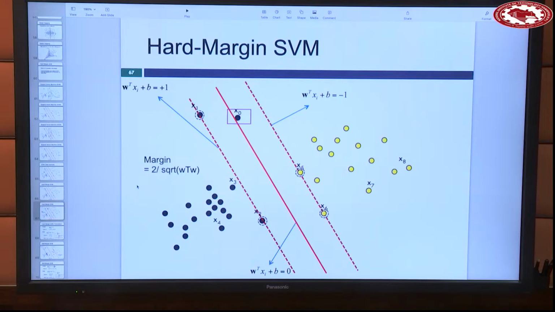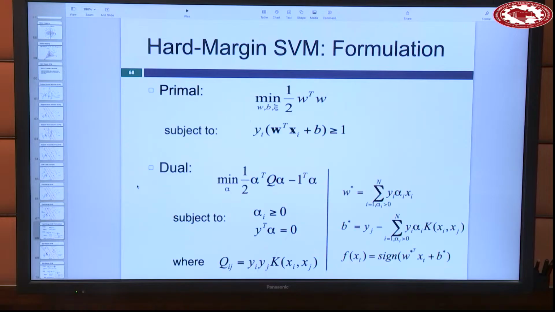If you combine both, whether y is positive or negative, let yi represent the label plus 1 or minus 1. So yi times (w transpose xi plus b) is greater than or equal to 1, and it will be true for both cases. You can see here, let yi equal to plus 1. What is the inequality? w transpose xi plus b is greater than or equal to 1.